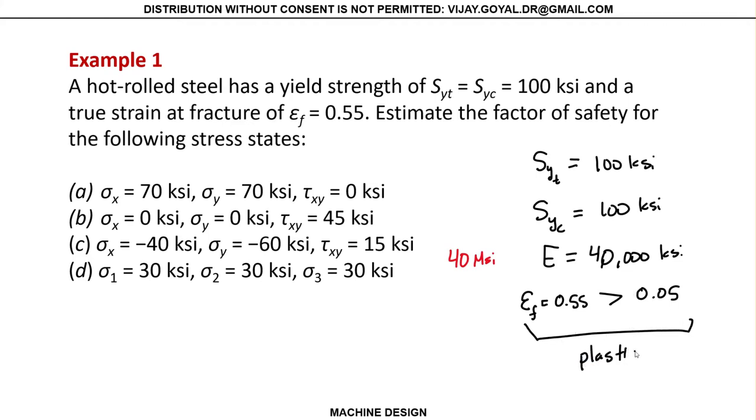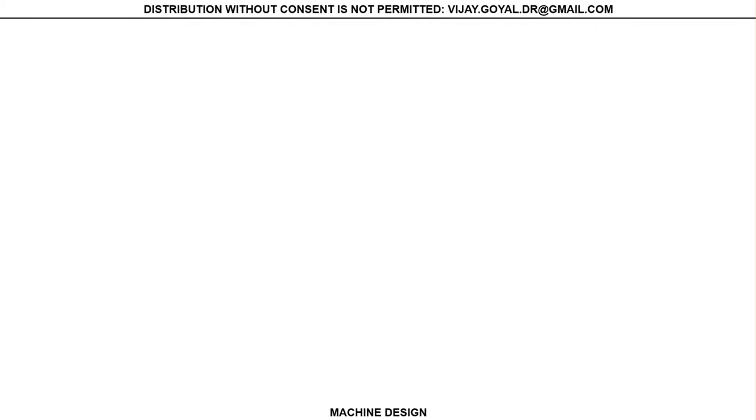And just because I have a plastic region, that tells me the material is ductile. If the material is ductile, that means that I need to use the theories related to that. Okay? So before we start the problem itself, let's just fix a couple of ideas here.